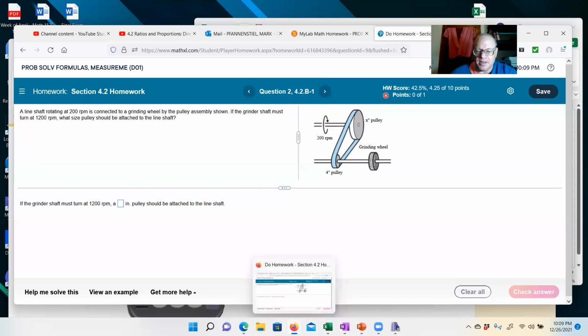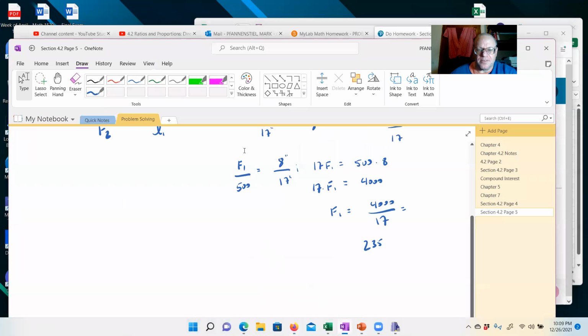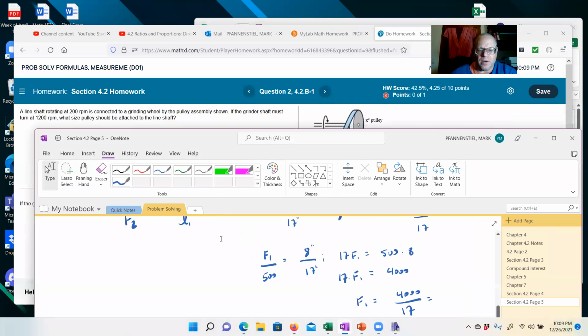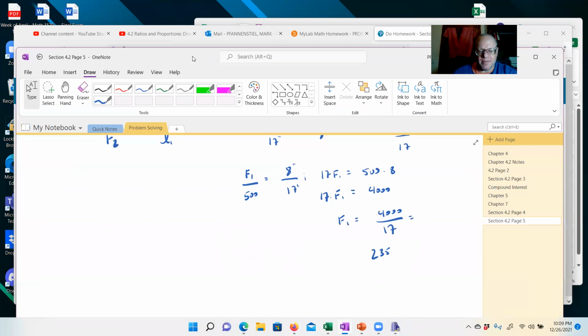Okay, so let's go ahead and take a look at this. So we are going to have, again, this would have been kind of nice to plug this in, but okay, we have a piece here. This is 200 RPMs, and we don't know just the diameter.